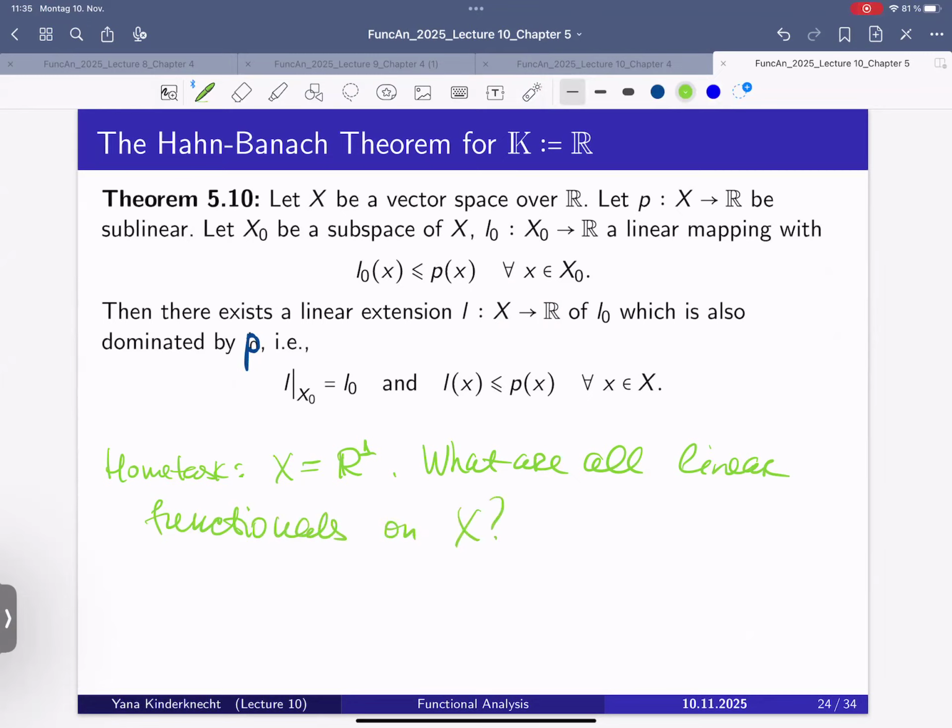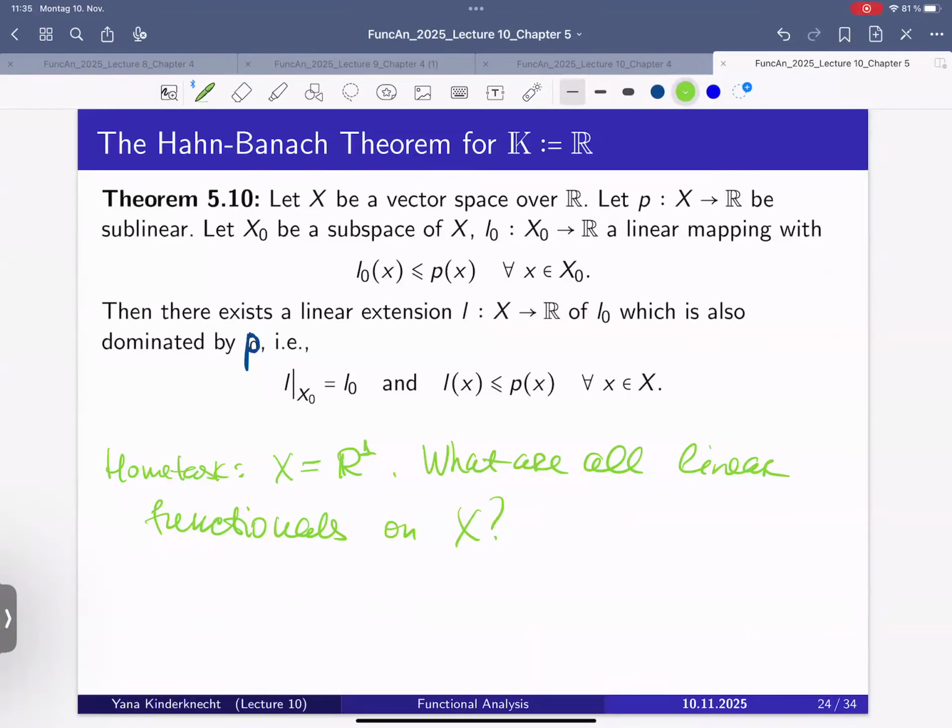I guess you should answer immediately. With any point, for example x0, the linear functional has the form L equal to alpha times x0. Yes, so let me write down carefully what you have said.